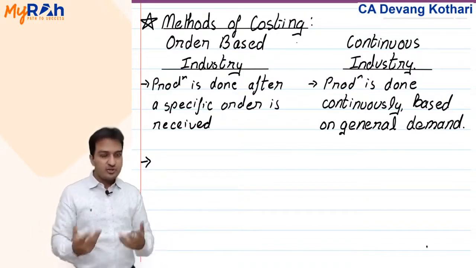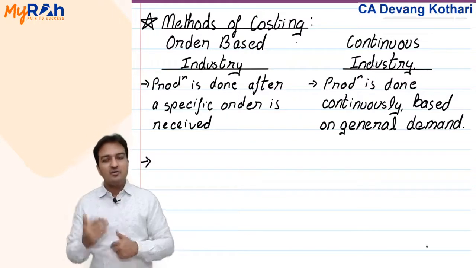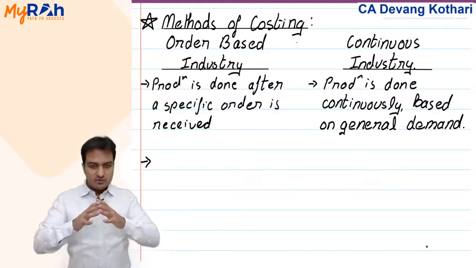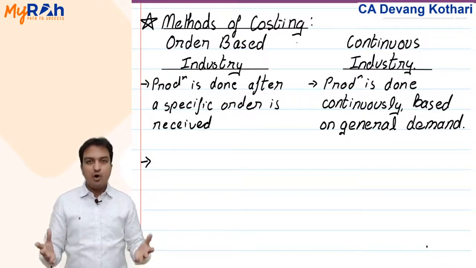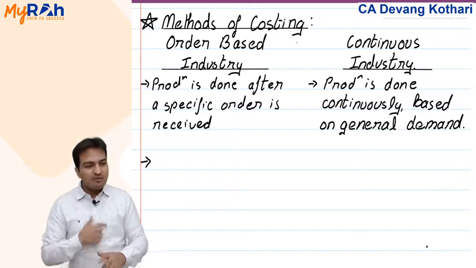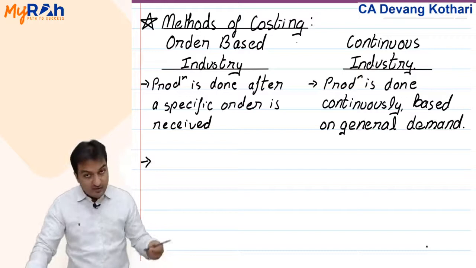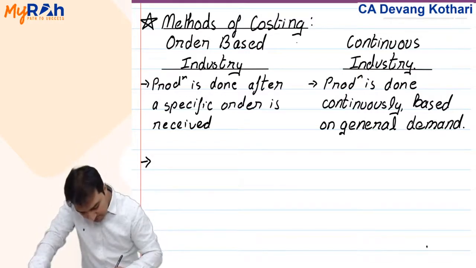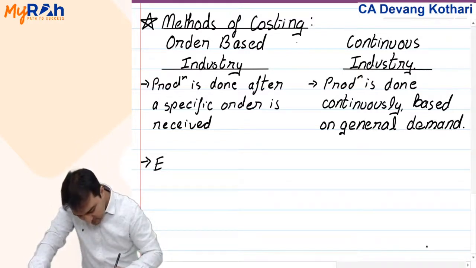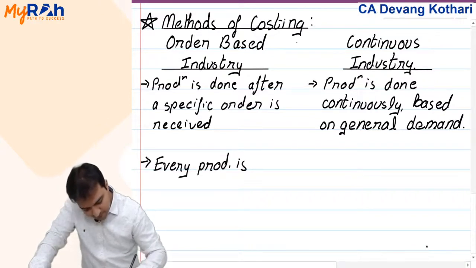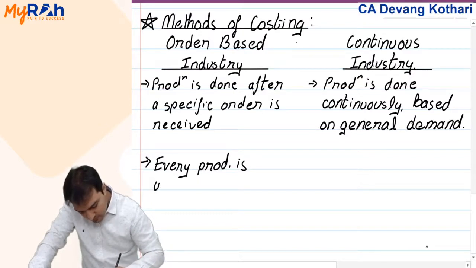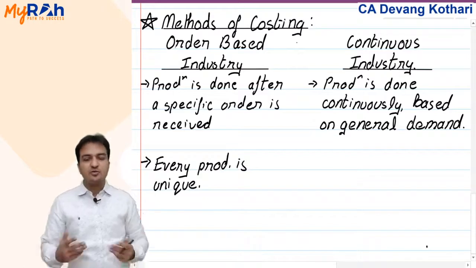No. So generally, as a tailor, I will not be manufacturing two or more products of the exact same design. That is why in case of order based industry, every product is unique, different.